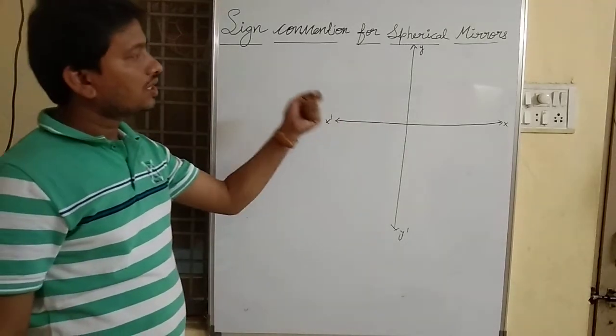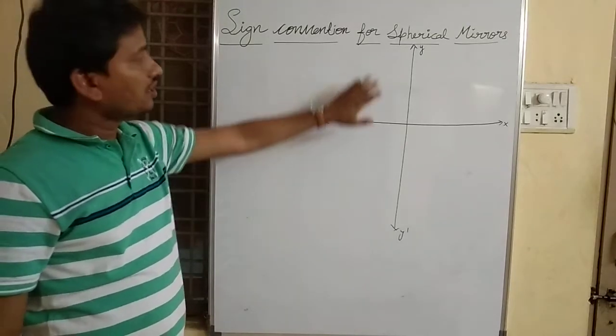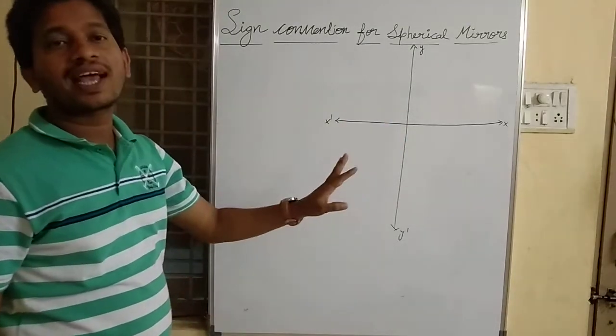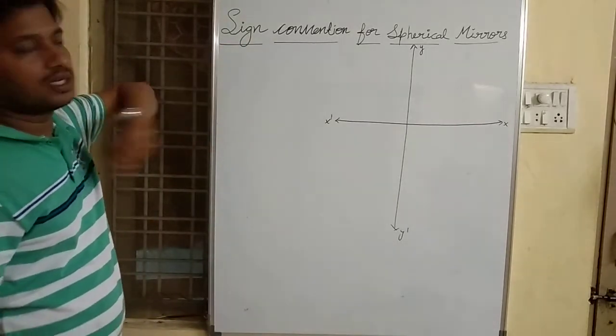So this x-axis and y-axis are called Cartesian axes, the Cartesian plane. That is the basis of the sign convention for spherical mirrors.